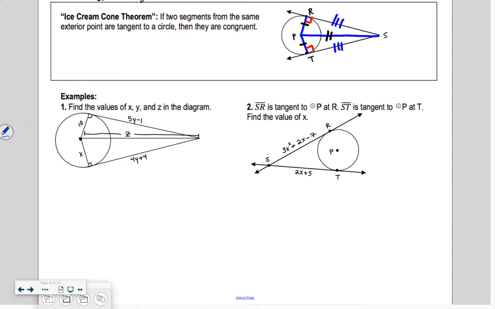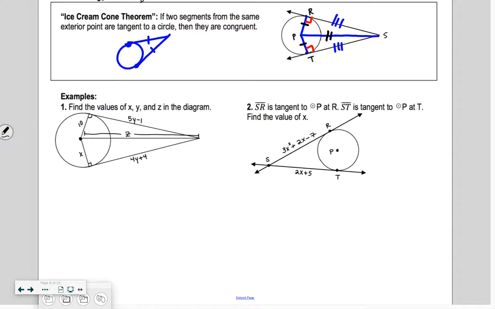Okay, so basically, if we have a circle and we have tangent lines to the same point on the outside, so if we knew these two lines were tangent, those two lines have to be congruent. So looking at this picture, I know that 5y minus 1 and 4y plus 4 are tangent lines, right, because we have 90 degrees and 90 degrees, and they go to the same exterior point.